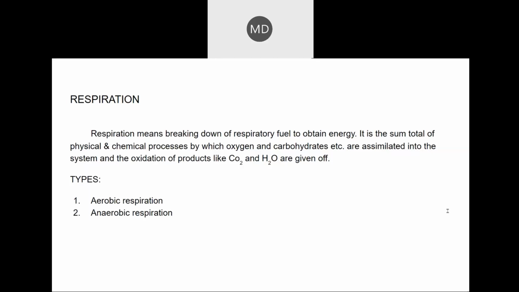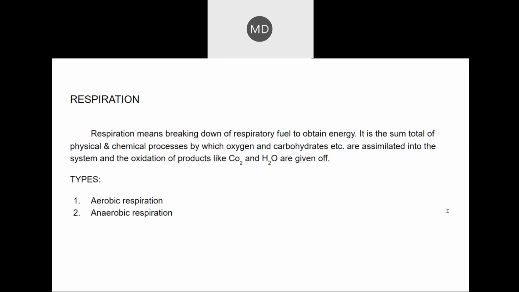So whenever we breathe in, we take a mixture of all the gases, all the gases present in the air. So we take it in, and the oxygen is accepted, right? And the oxygen combines with the glucose that we get from our food, carbohydrates, right? So when the oxygen combines with the glucose, the glucose breaks down.